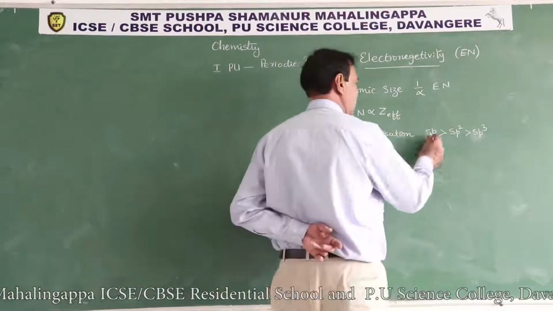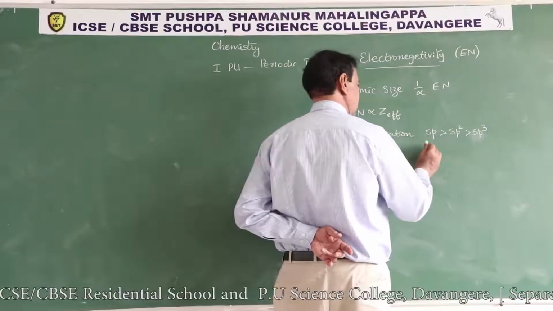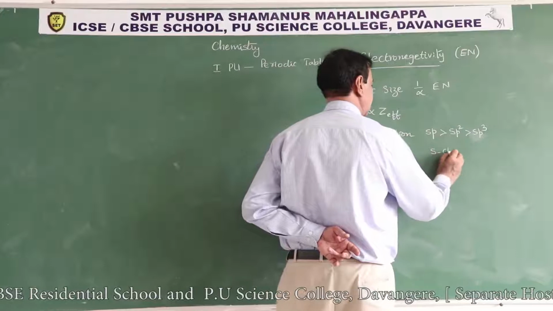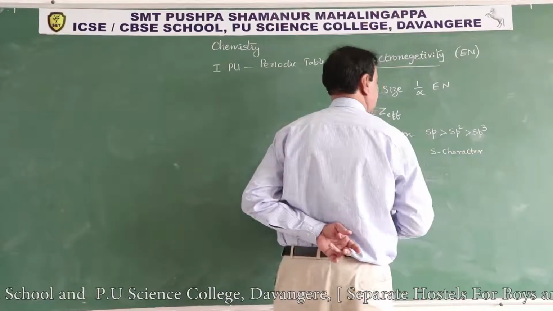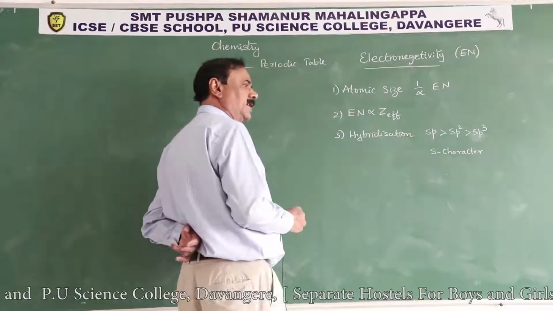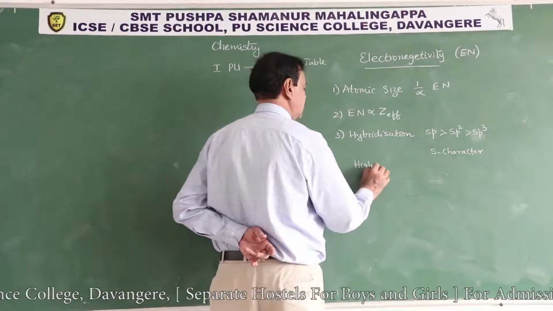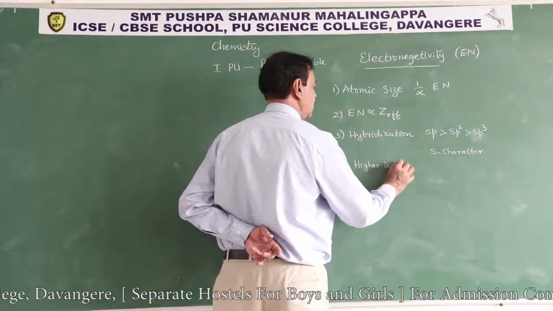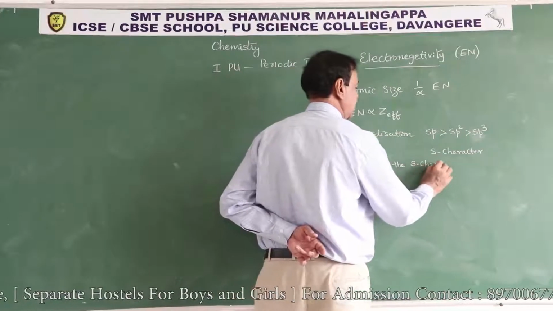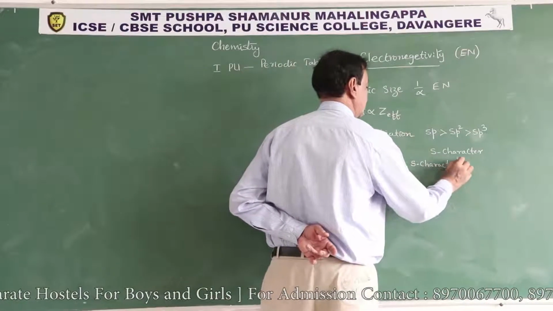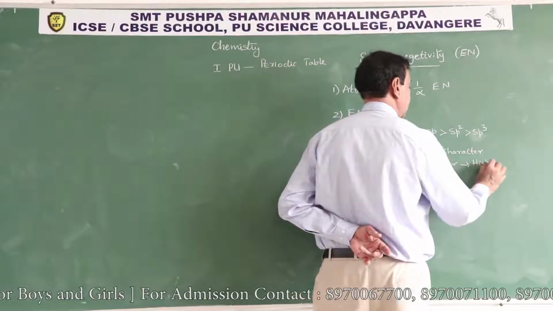In the case of the sp hybrid, the s character is higher. Higher the s character, higher is the electronegativity.